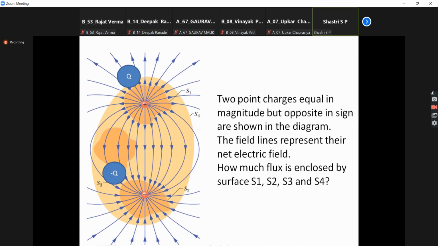How much flux will come from S1? Any idea? S1 is this surface, the dark one, it is only this much. So how much flux will leave this S1 surface?